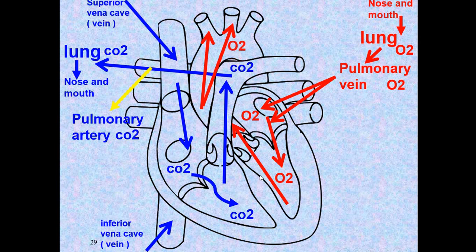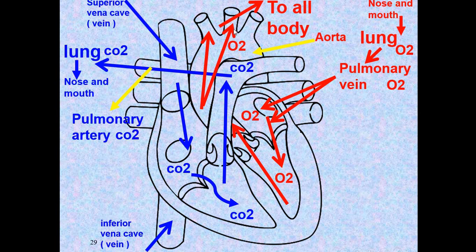So the aorta is now filled with blood rich in oxygen. This is the aorta, okay? The aorta will give blood rich with oxygen to all body cells, okay? And this is the aorta here.